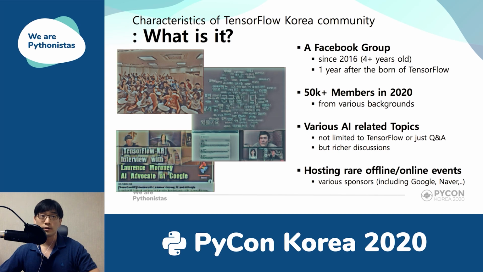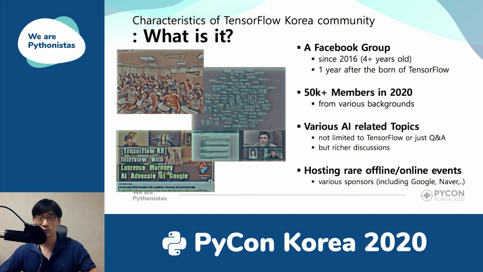TensorFlow Korea is a community originated for sharing information and experiences about the TensorFlow framework. TensorFlow is an open source project for machine learning and deep learning, and it was created by Google, by the way. It's based on a Facebook group, and it started its own journey in 2016.